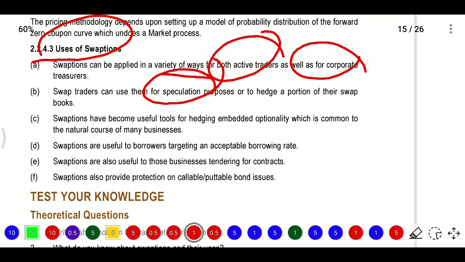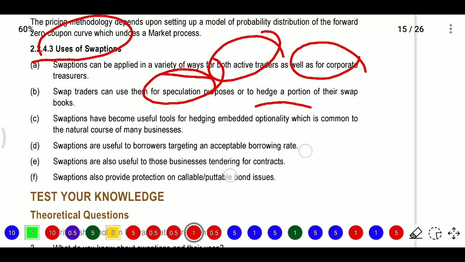Speculation purpose means here we will get the profits. We will not buy the asset, we will not sell the asset, so we will take the net position. So that is speculation. And hedge position. Hedge position means to manage or to mitigate or to prevent the risk, we will go for hedging.